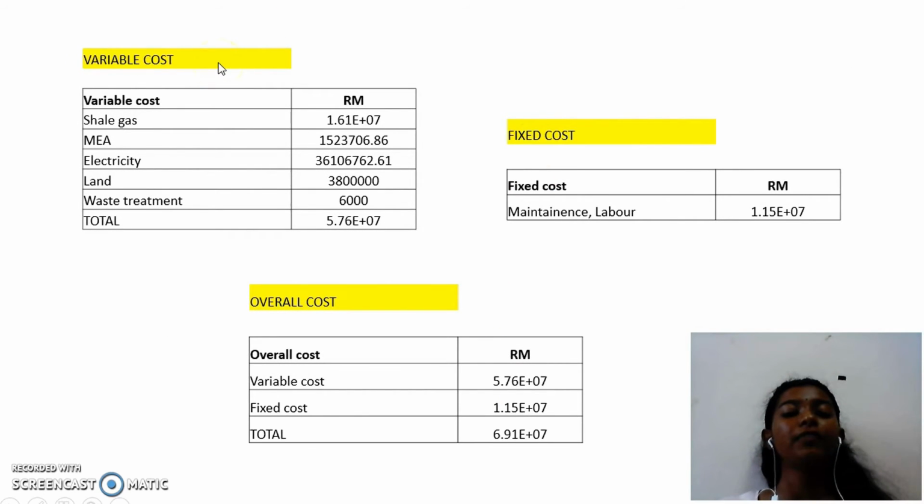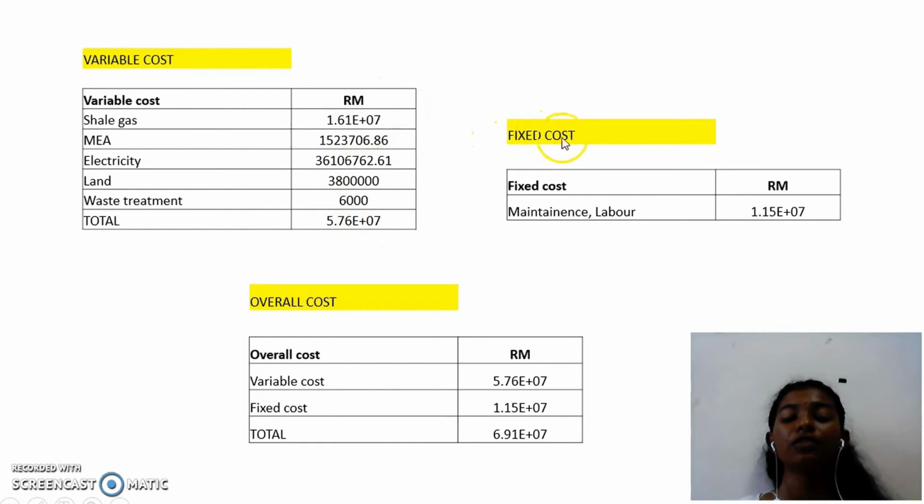And for the variable cost, we have shale gas, MEA, which is the reactant, and then we have electricity, land, and waste treatment prices over here.